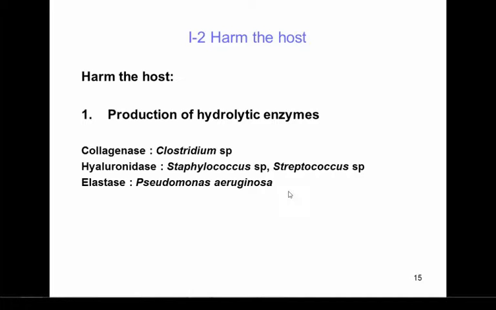The next step in the invasion process is to degrade the basal membrane here. Okay, so this is collagen, and hyaluronan. So all of the extracellular matrix has got to be degraded to allow the bacteria to start growing. And of course, if they do this, they directly damage the host tissue.